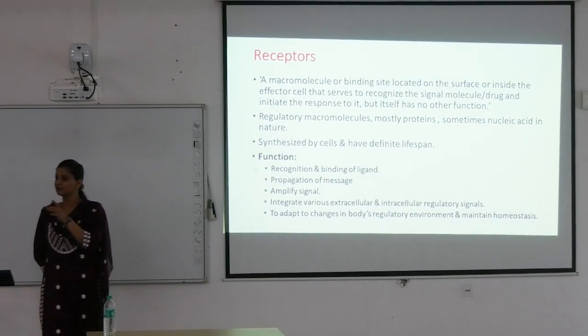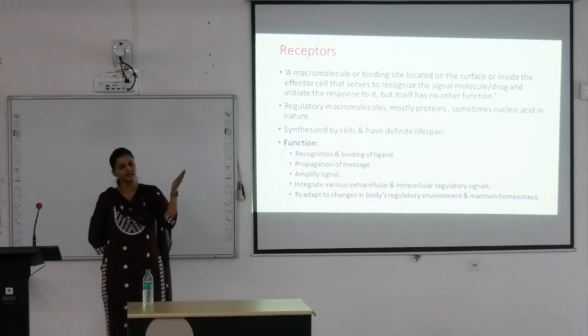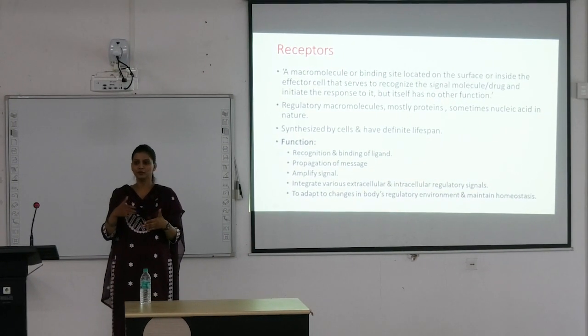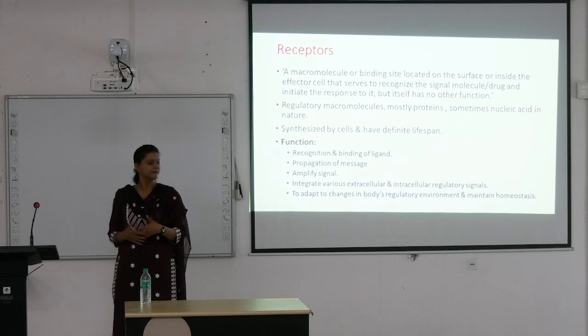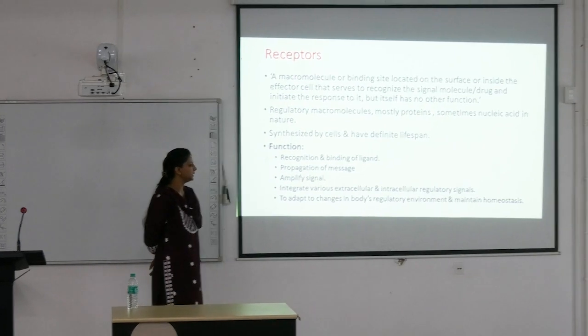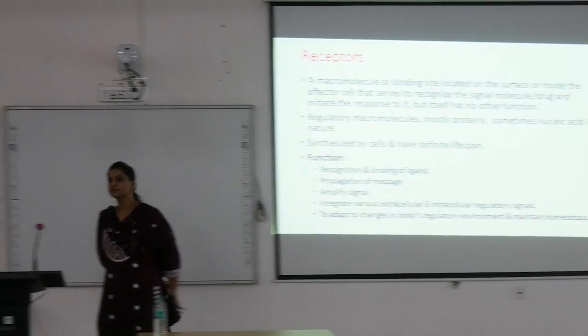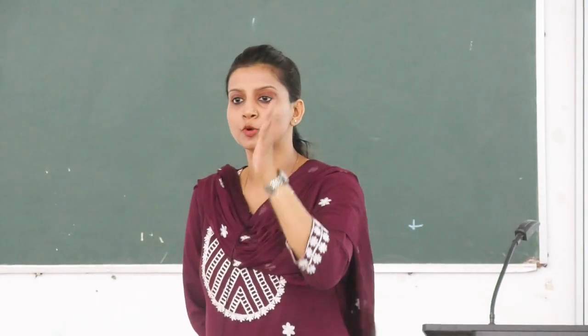Amplify the signal. How is it amplified? I told you, if protein synthesis is increased, the response gets amplified. Integrate various extracellular and intracellular regulatory signals. If a signal is coming extracellularly, it has to go intracellular, so the propagation is done.